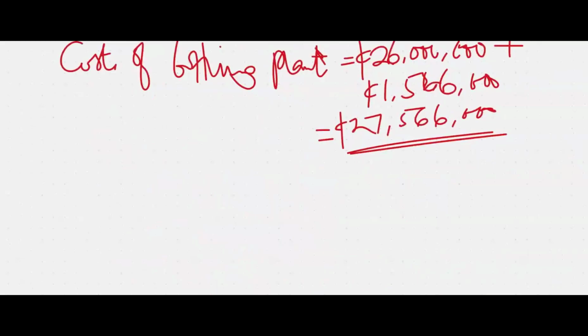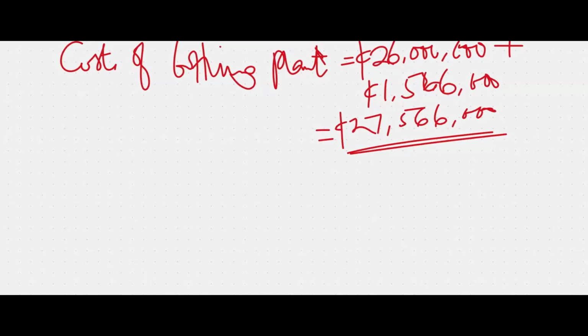I write here non-current assets, underlined. I'll put Ghana cedis here.